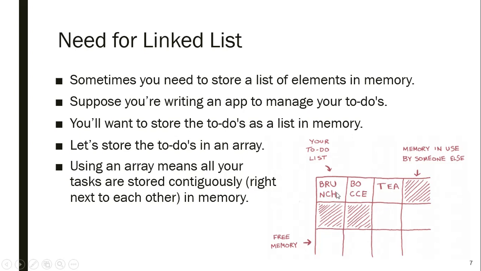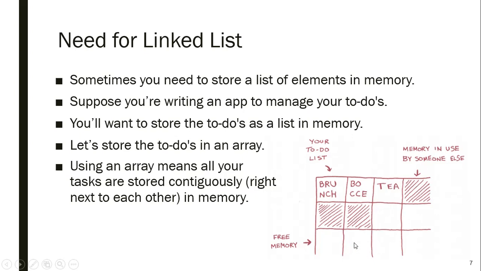First one is you have to take brunch, then you have to play bocce. Bocce is a game played with balls, and then you have to take tea, and you just needed 3. So you declared an array of 3. The 4th location is reserved for something else.